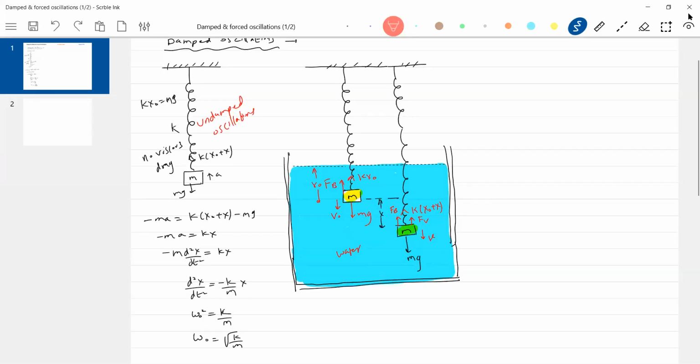So initially FB plus kx naught equal to mg. Now what is the additional force that will be acting? So minus ma. In what direction is the retardation? The retardation will be in this direction. So therefore the equation of motion will be minus ma is equal to minus, also FB.